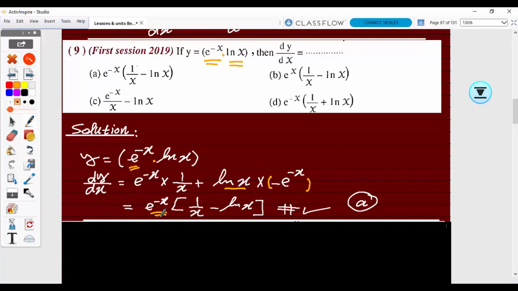So we write e power negative x multiply, here we have a bracket, 1 over x minus ln x. So the solution is in letter A, e power negative x multiply 1 over x minus ln x.